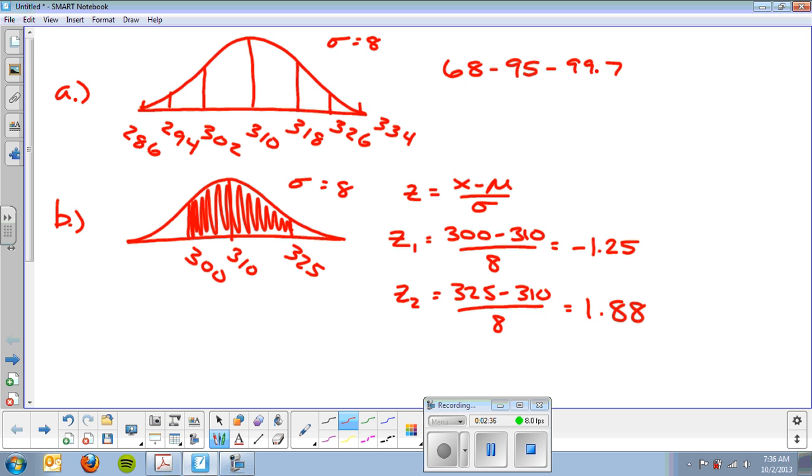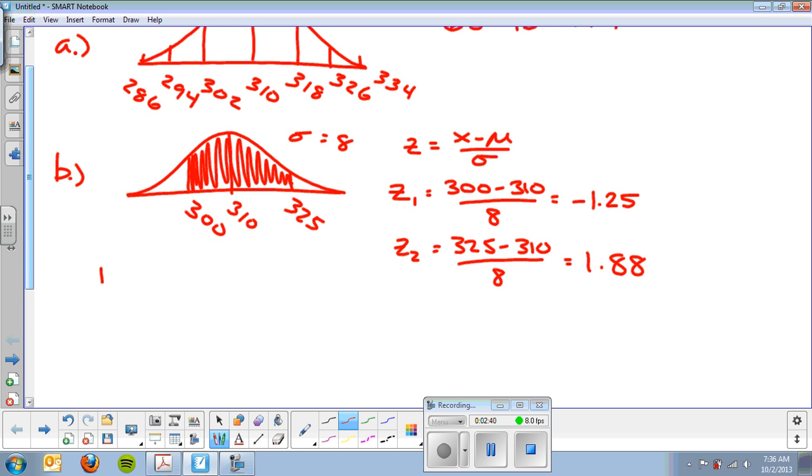Okay, so now I'm basically looking for the proportion or probability that Z is between -1.25 and 1.88. Now, in the past, I would have to look that up in the table. I'd have to look up both areas, area to the left of -1.25 and the area to the left of 1.88, and subtract. But now I have my calculator.